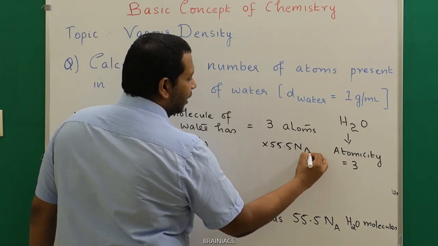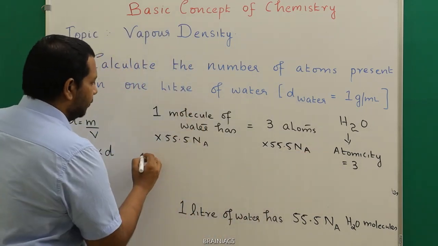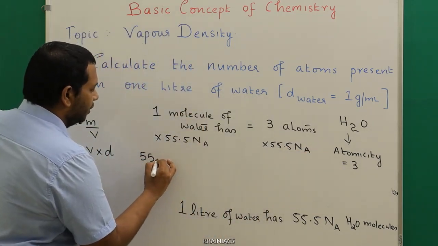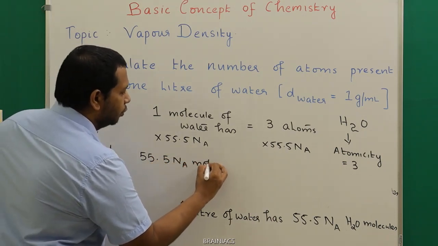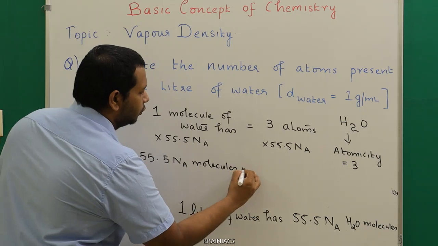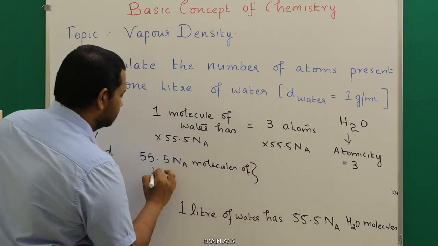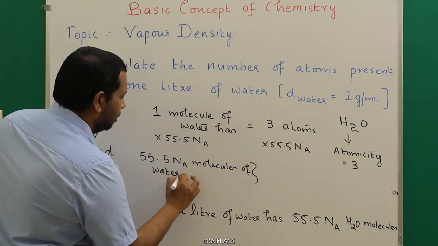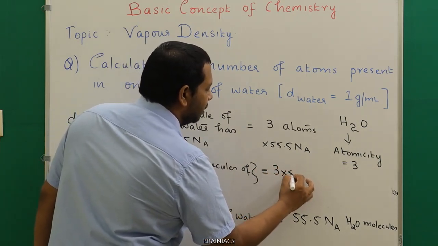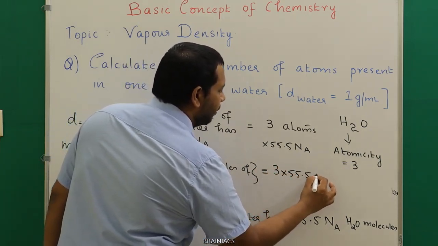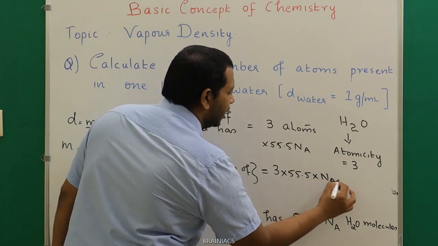So 55.5 Na molecules of water has how many atoms? 3 times 55.5 into Na atoms.